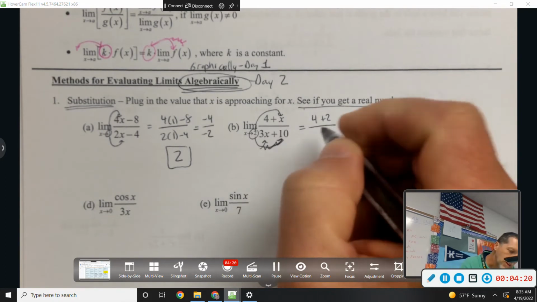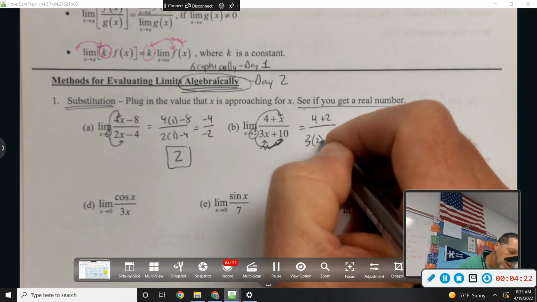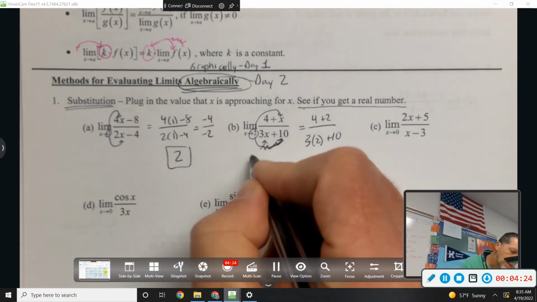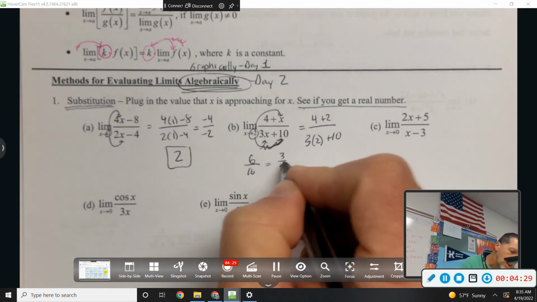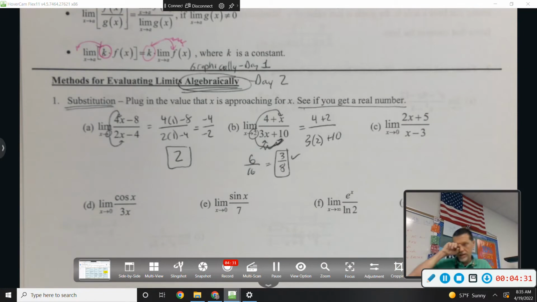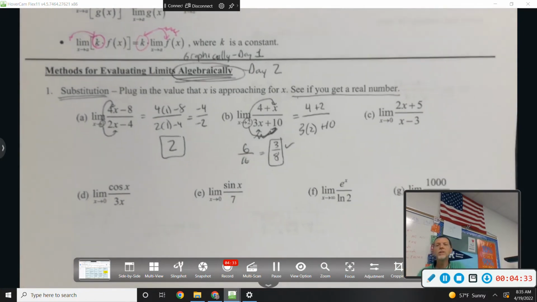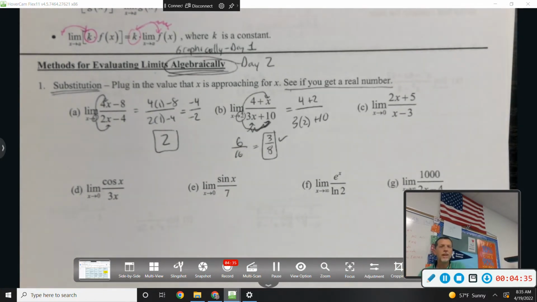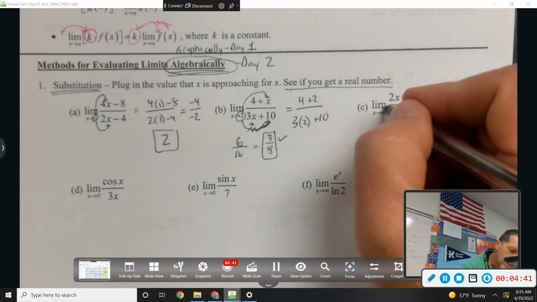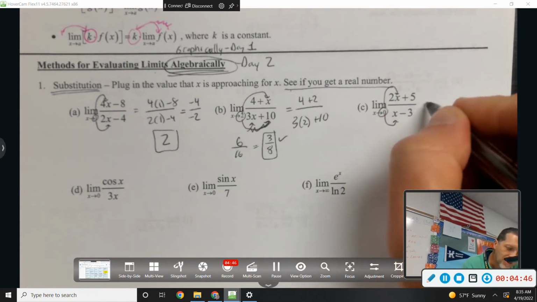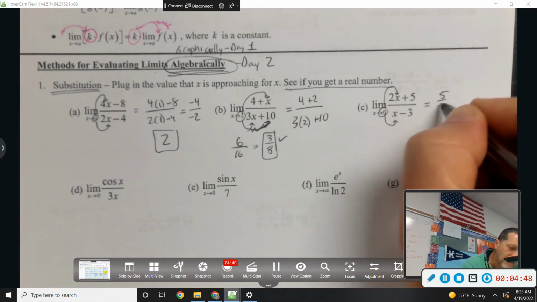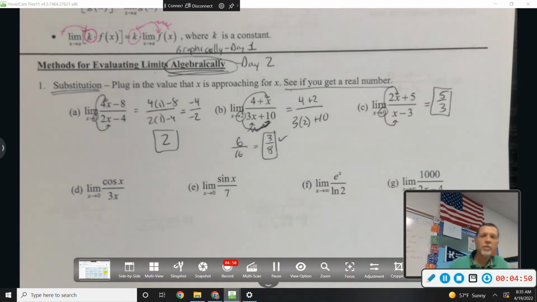So 4 plus 2 over 3 times 2 plus 10. That would be 6 over 16, which is 3/8. That's a real number, so we're good. Again, if this seems easy, it is. You like this kind. You hope that it works, because if it works, then we're good. Plugging in 0, that's even easier than any of the others. You get 5/3. 5/3 is a real number, so that's the limit.